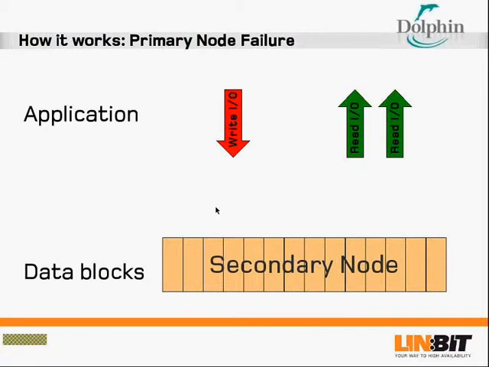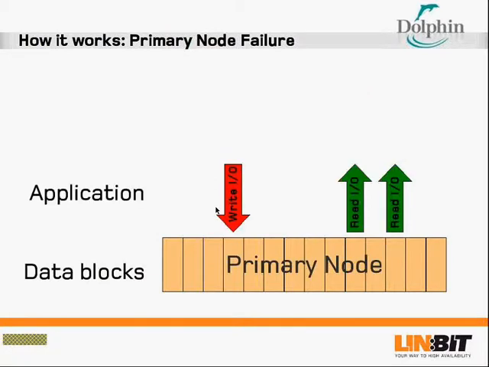It is now the job of that cluster manager to detect that node failure and then move the application over to the other node. To that end, it does something that we refer to as promotion. That is to say, it promotes the DRBD device on that previously secondary node to the primary status, and now it can restart the application over on the overtaking node.